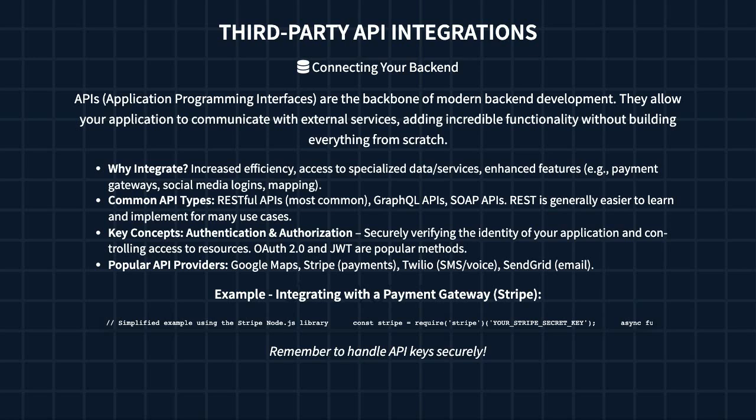Authentication is key here. It's how your application proves who it is and what it's allowed to do. Popular providers like Stripe handle payments for you, while services like Twilio let you send SMS messages or make voice calls. The possibilities are endless. I've included a quick JavaScript example showing how to integrate with Stripe, but remember, always keep your API keys safe.